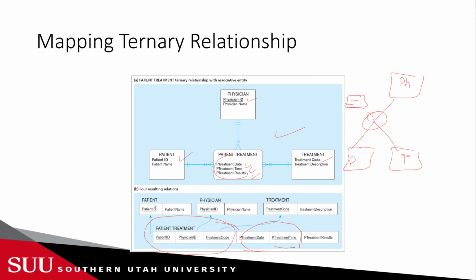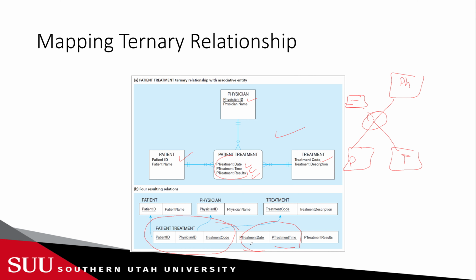So we need to care about the 3 keys for the 3 participating entity types being primary key or parts of the composite primary key, let's say, and also being foreign keys because I don't want a patient ID in the treatment table that doesn't exist in my database. Don't want the physician ID that doesn't exist in my database, and I don't want a treatment ID that does not exist in my database.